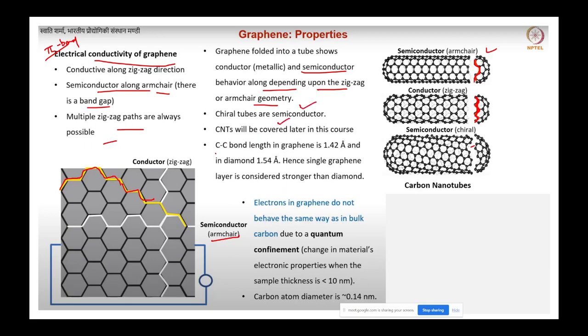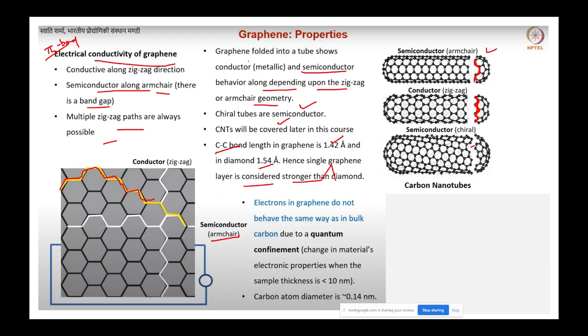The carbon-carbon bond length in graphene is 1.42 and in diamond it is 1.5. Hence, a single graphene layer is considered stronger than diamond because the C-C bond length is smaller.